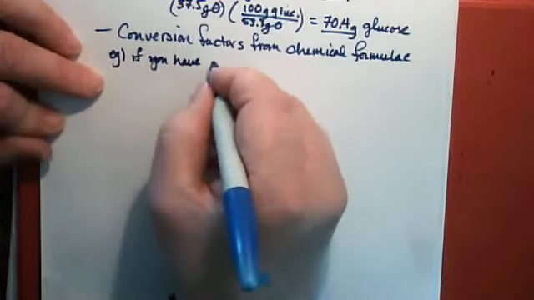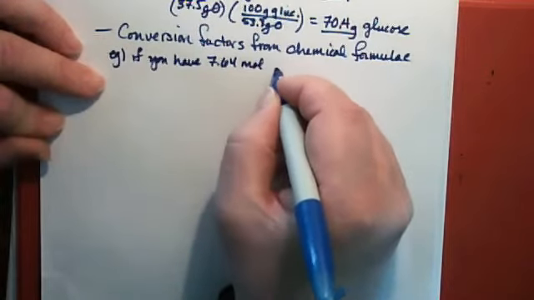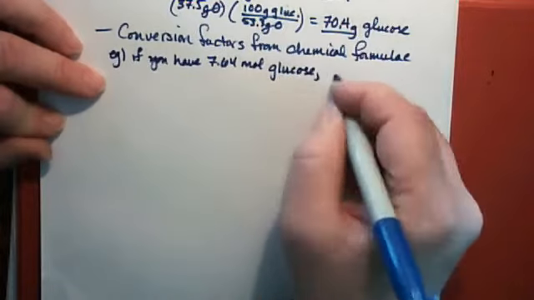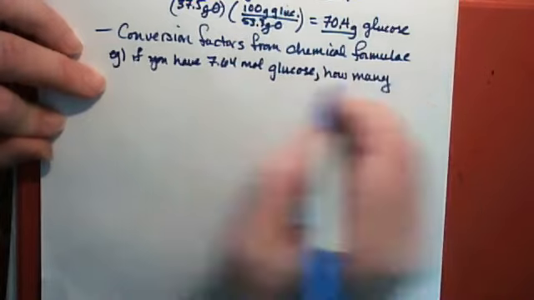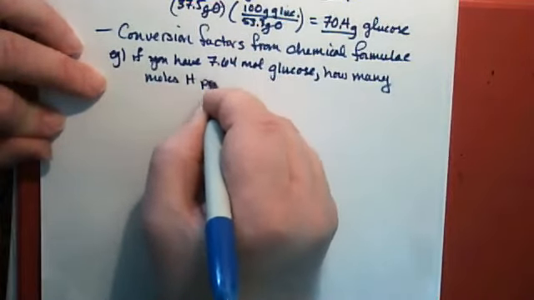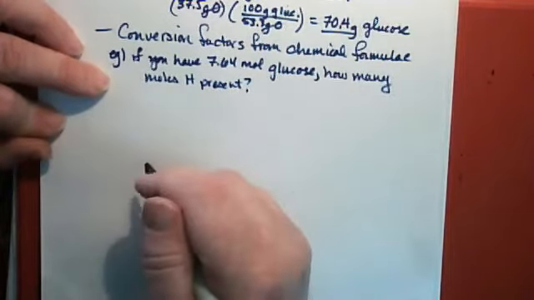So if you have 7.64 moles of glucose, how many moles of hydrogen do you have?